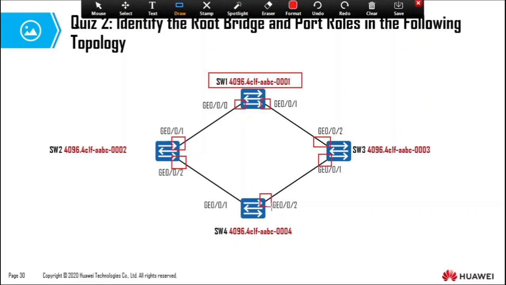This port on S4, oh, this is the one we are blocking. Why didn't we block this one? What did you compare for you to block this one and not this one?